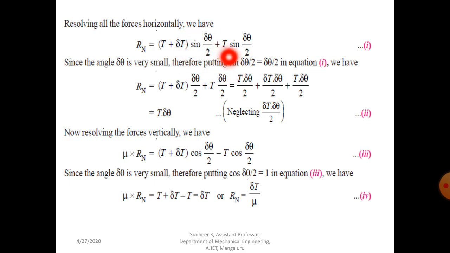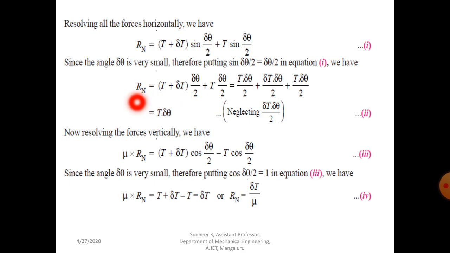Similarly at P, that is T into sine d theta by 2. So that is the first expression. For d theta very small, therefore sine d theta by 2, you consider it as d theta by 2 in equation 1. So wherever sine d theta by 2 is there, you replace it by d theta by 2.